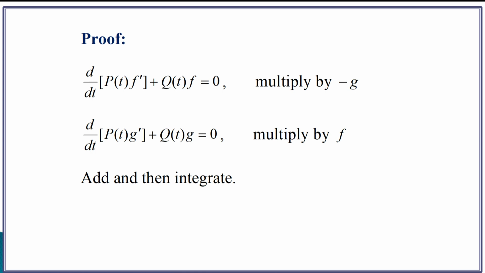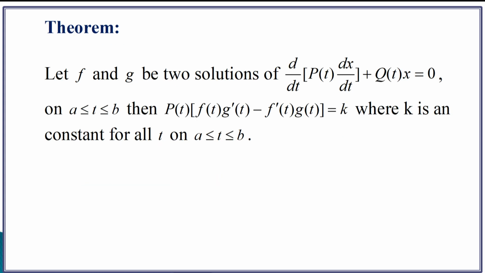Now how do we find what we should multiply these equations by? If you carefully observe this term, that f of t into z dash t, we are going to prove that this term is equal to a constant. So what we actually need is f of t into g dash t minus f dash t into g of t.